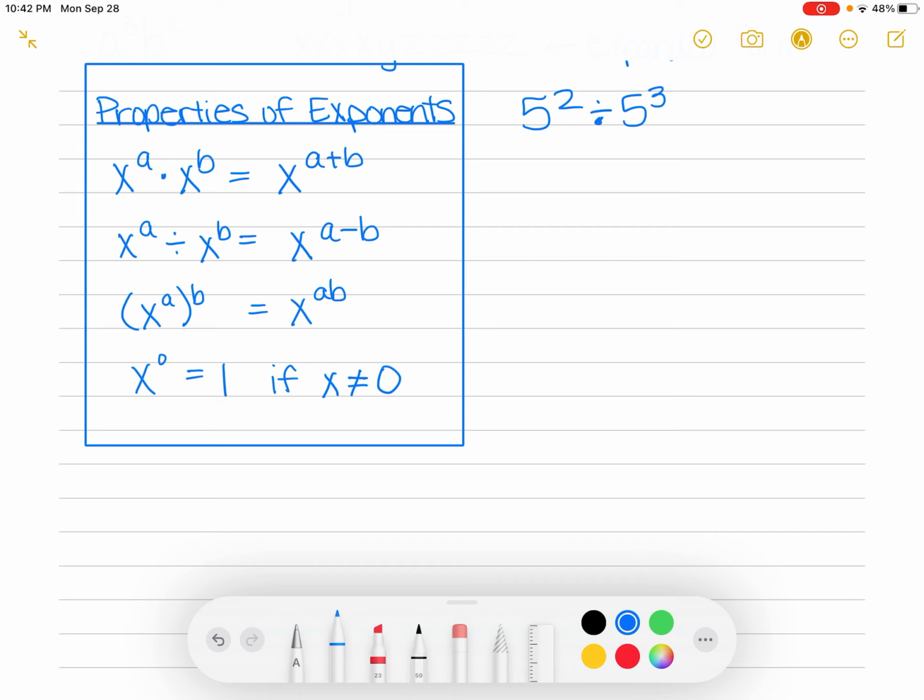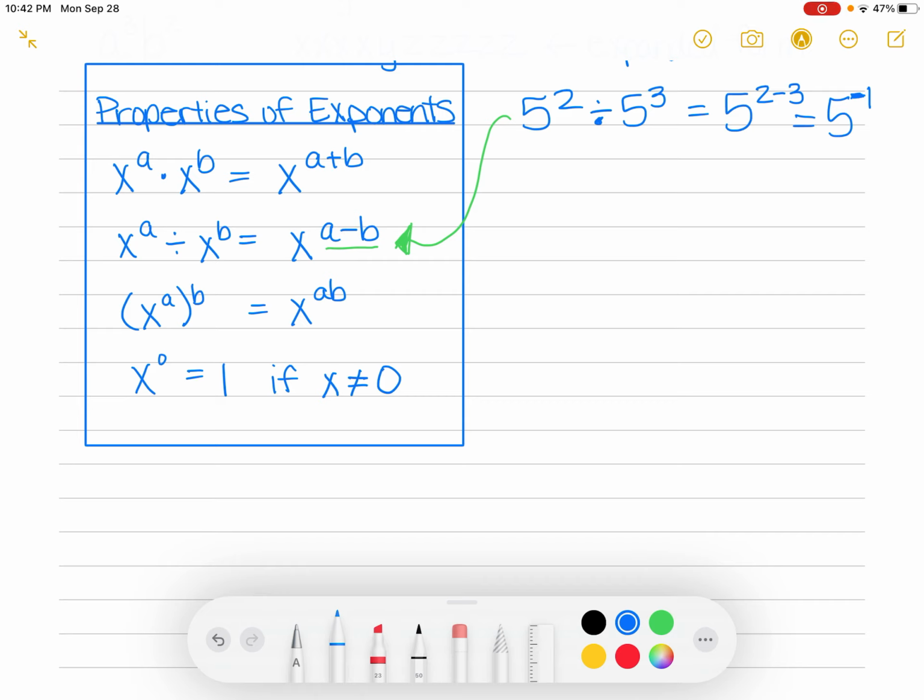Over here, my properties show that if this is division, I subtract my exponents. So I'm going to do 5, and then my exponent is going to be 2 minus 3. What is 2 minus 3? It's negative 1, right?